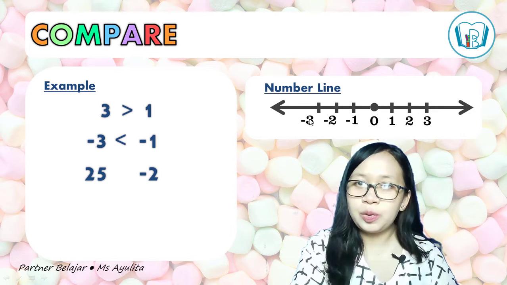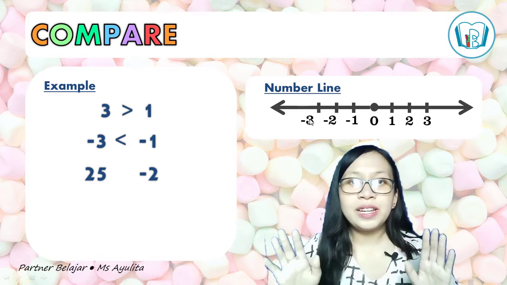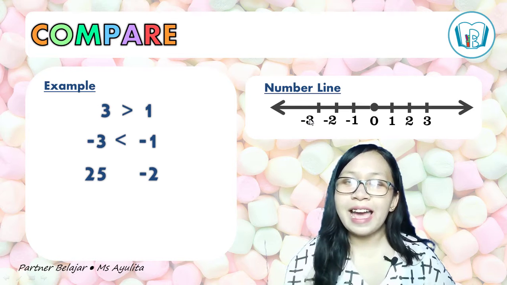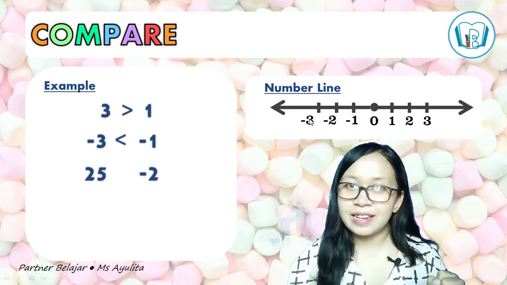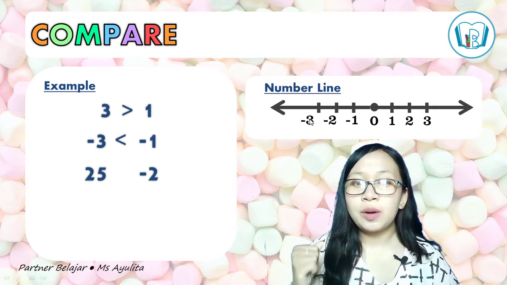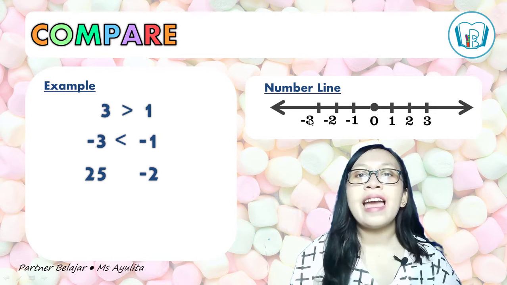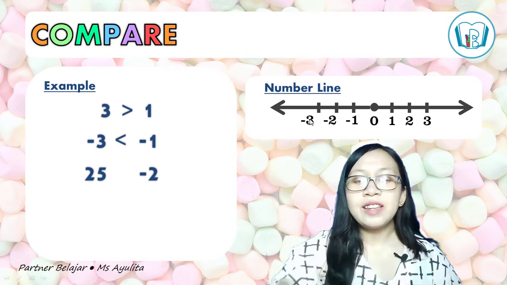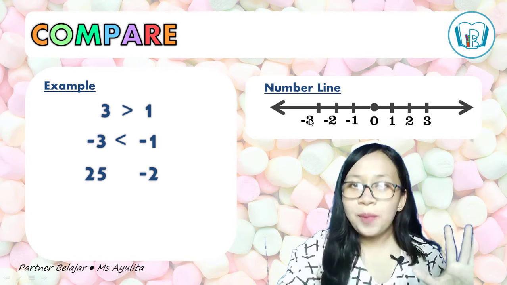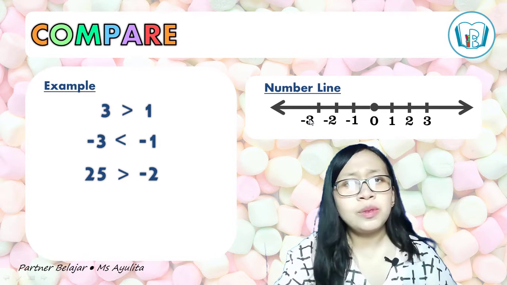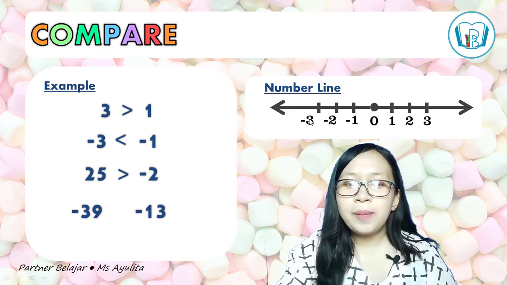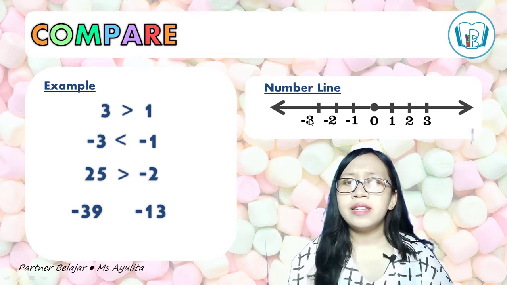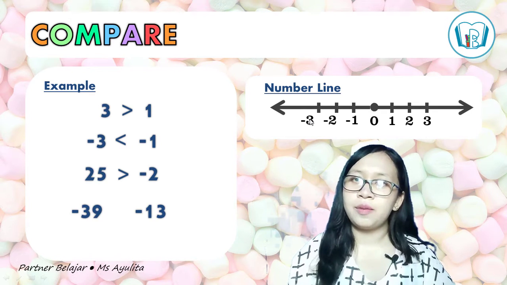And now, what about this one? 25 and negative 2. If the numbers are different, it's quite easy, right? Because the positive is always on the right side and the negative is always on the left side. So if the question has a positive and a negative, the positive is greater than the negative. So the answer will be 25 is more than negative 2. Good job. And now, what about this one? Okay, if we use number line, it's quite hard, right?